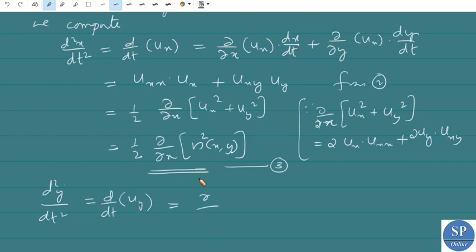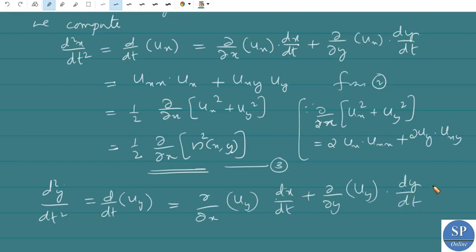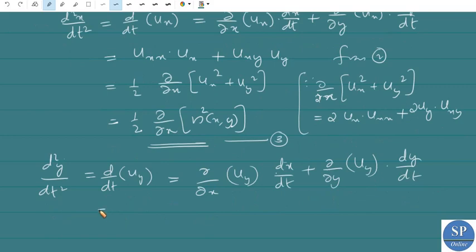As in the previous case, uy is a function of x and y, so we have ∂/∂x of uy into dx/dt plus ∂/∂y of uy into dy/dt. So this is nothing but ∂/∂x of uy is uxy or uyx into dx/dt. dx/dt is ux, plus ∂²u/∂y², that is uyy, into dy/dt. dy/dt was uy, right? So this is equal to uy.